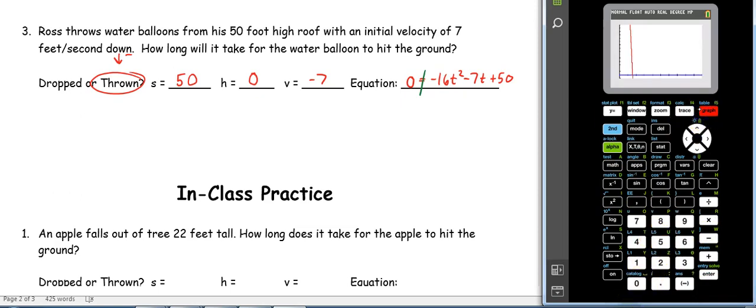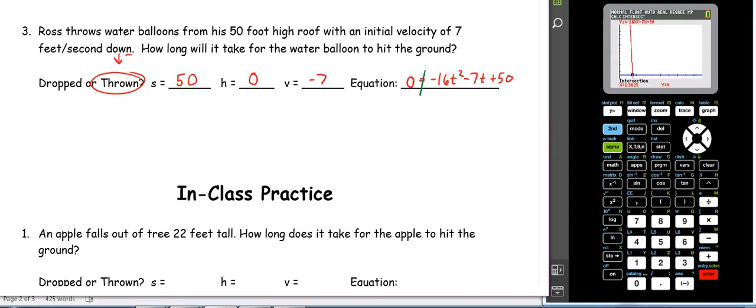We see an intersection point, so to find that intersection point, we're going to hit second trace, option 5, and then we're going to hit enter 3 times until it says intersection. And we see that x is 1.5625, so we are going to round that to the nearest hundredth, so 2 decimal places, so it'd be 1.56 seconds.